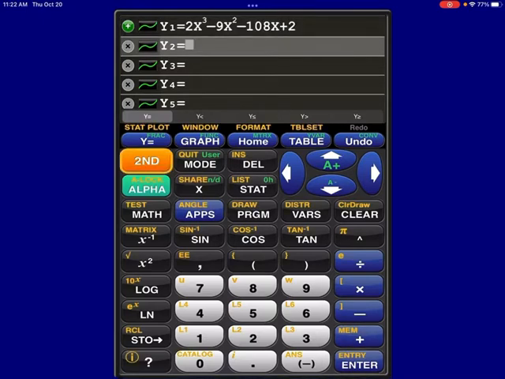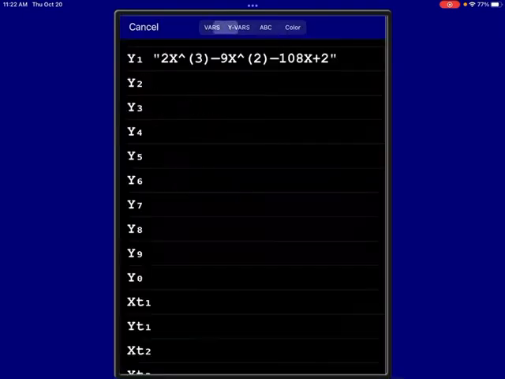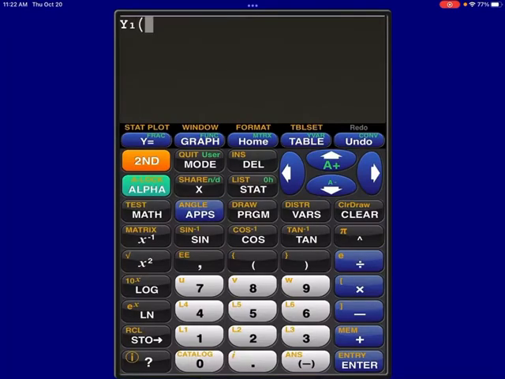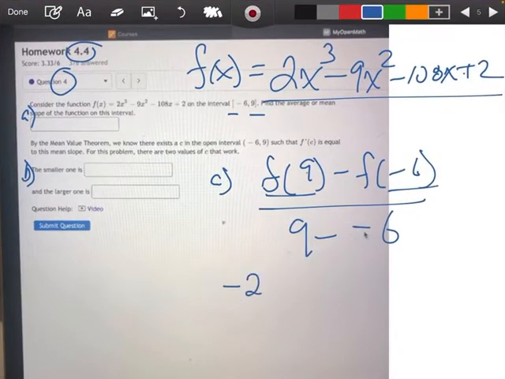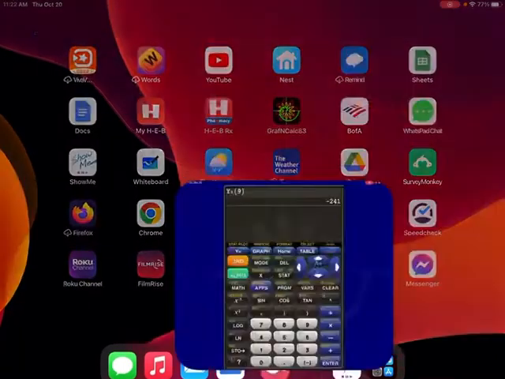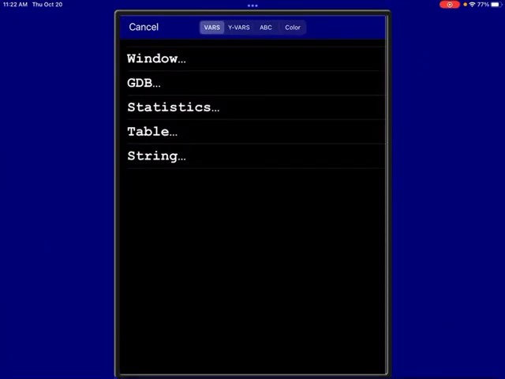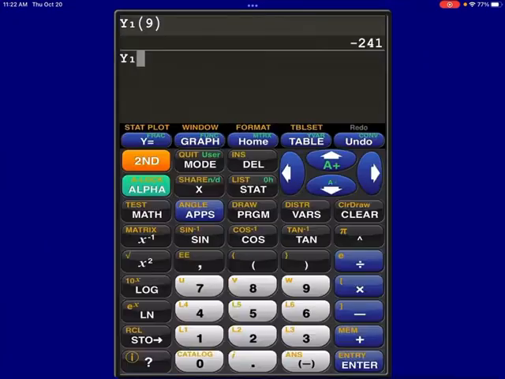Let's go to my y vars. I'm going to evaluate this function at 9, and I'm coming up with a negative 2 fun, okay? Minus, I'm going to evaluate this function at negative 6, and I'm coming up with a negative 106.